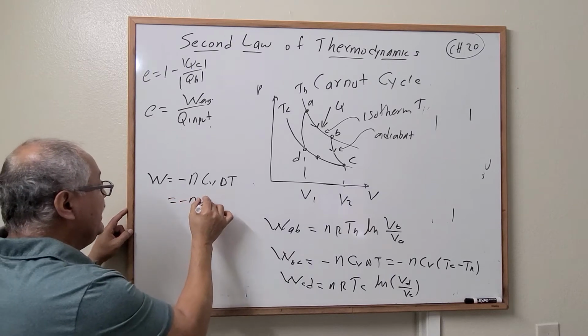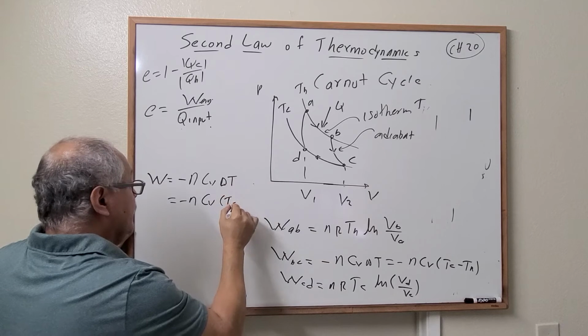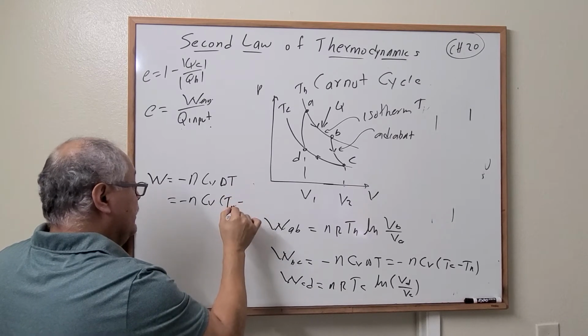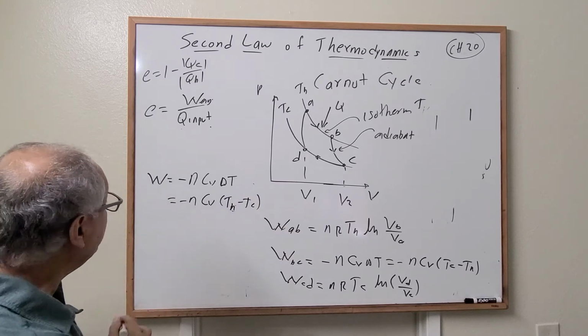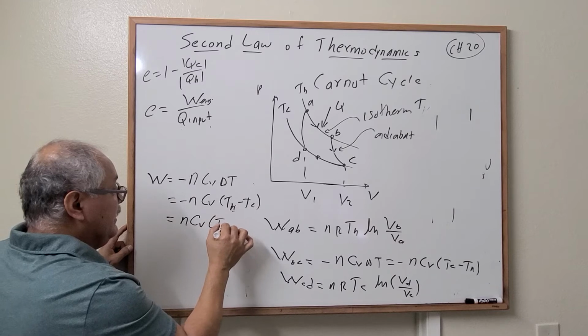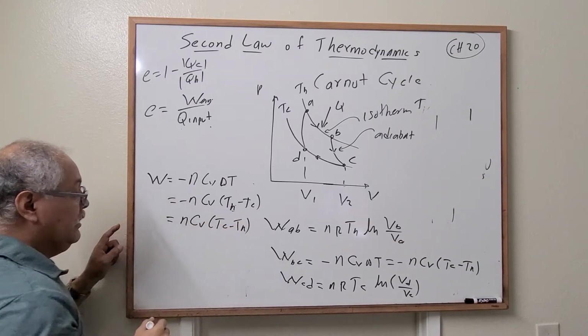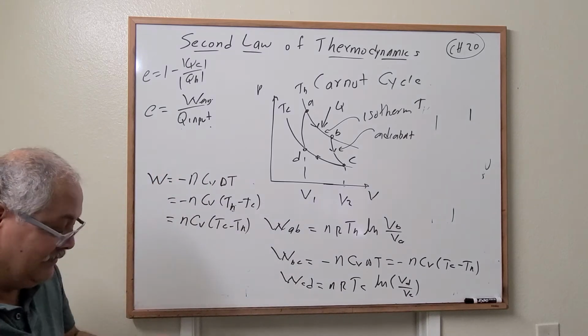This is negative n Cv, and the final is Th minus Tc, correct? Or it equals n Cv (Tc minus Th). So these two are opposite, right? These two cancel out, correct?